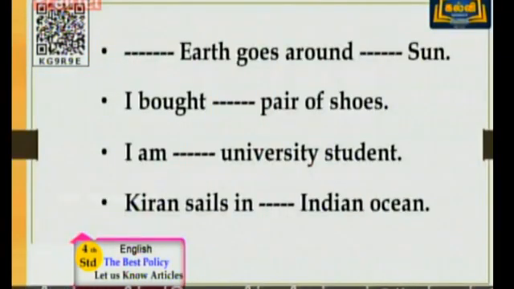And some exercises are given for you in your book on page number 75. You can take your book. Now try to fill in the blanks with the correct article. What are the things given over there? Dash earth goes around dash sun. Think over.